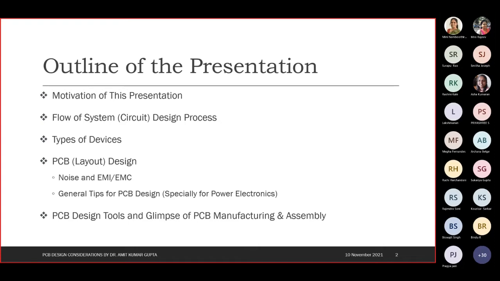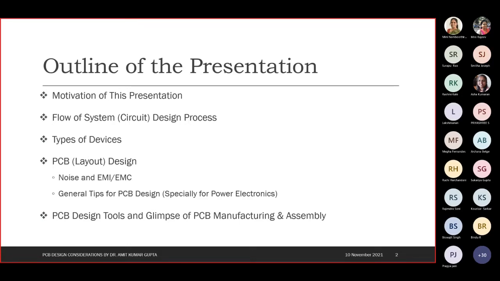Then we'll talk about types of devices in brief. Then we'll come to PCB, or we also sometimes call it layout design. Here we will first talk about noise and EMI EMC issues, the issues we face if a PCB is wrongly designed, and then some tips for PCB design specifically for power electronics.